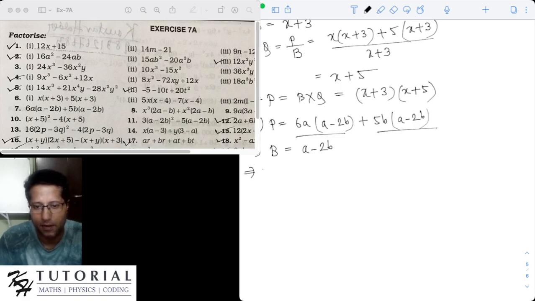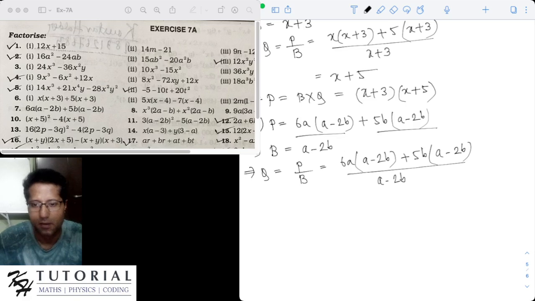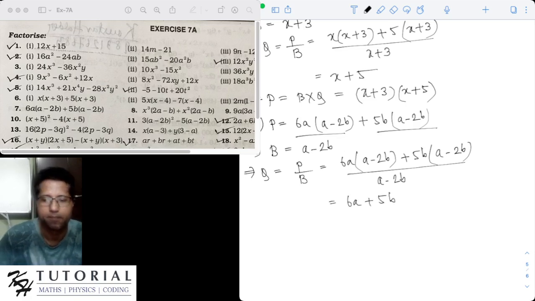Now we have to find q, that is p divided by b. That is (6a multiplied by (a minus 2b) plus 5b multiplied by (a minus 2b)) divided by (a minus 2b). This is equal to 6a plus 5b.